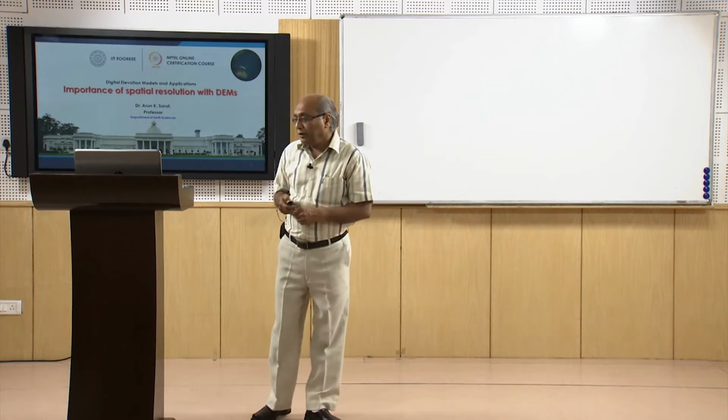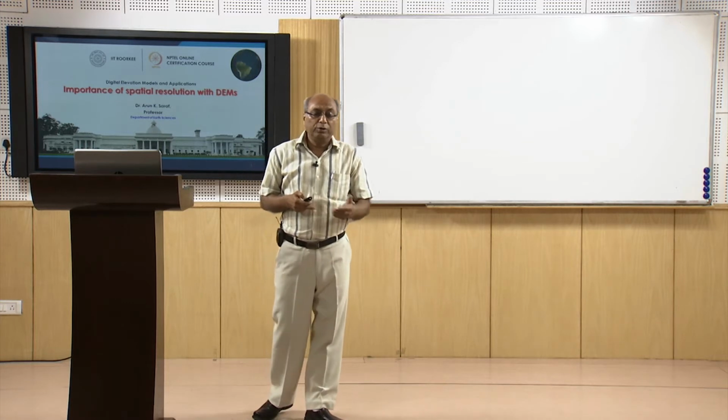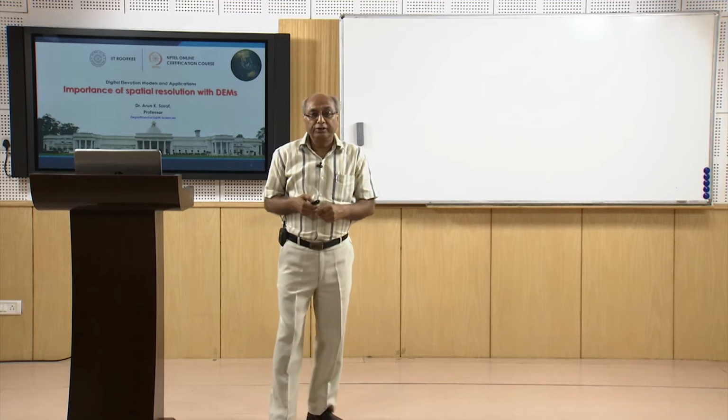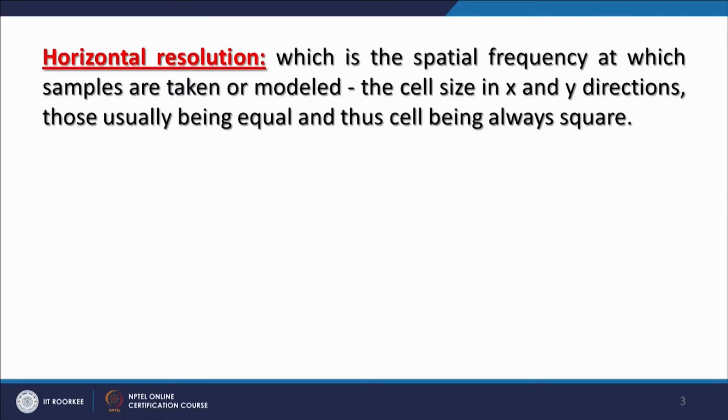But the most important thing in a digital elevation model is that we talk about two types of resolutions. One is the horizontal resolution, which we refer to as the spatial resolution, and which is the spatial frequency at which samples are taken or modeled. When digital elevation models are constructed, as we have seen, using different techniques, the spatial resolution will depend on the input data.